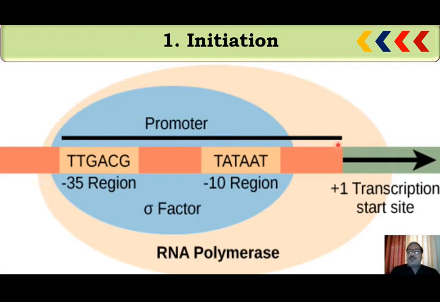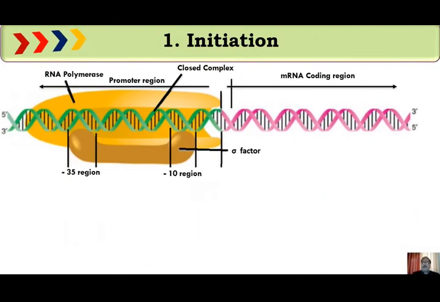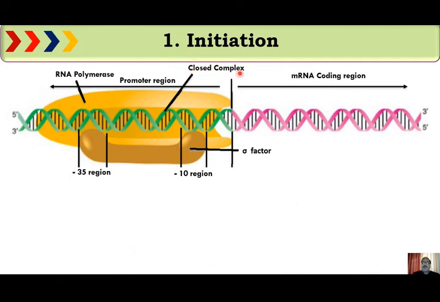Now, binding of the holoenzyme to these two conserved sequences of the promoter forms a complex. Now, you can see here, this is the RNA polymerase enzyme. This is the sigma factor.